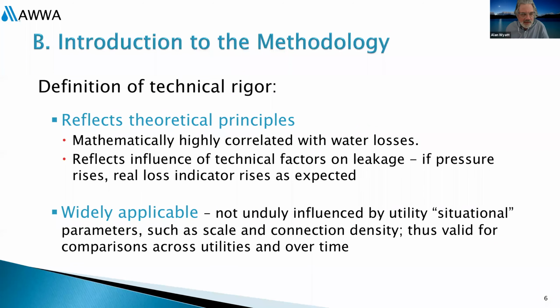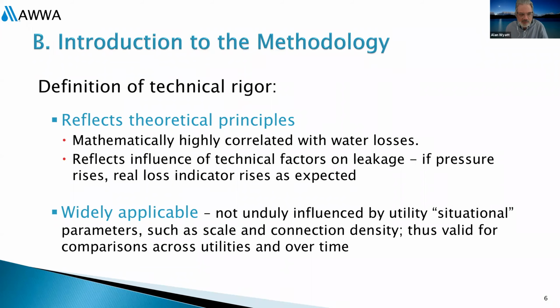Okay, by technical rigor, what I mean is that an indicator reflects the theory. In other words, it behaves like we think it should. If pressure goes up, we would expect more real loss, and therefore expect the indicator to perform as expected.